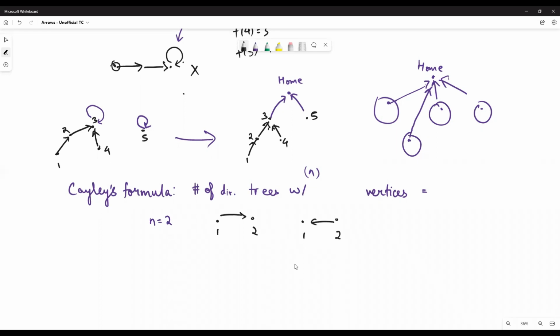Yeah, so it is n to the n minus 2. Directed or undirected? Directed.